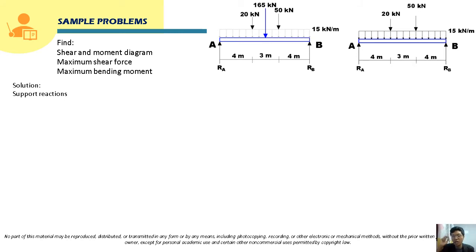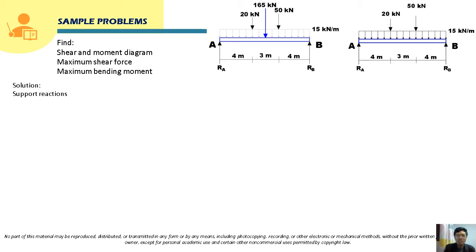The location of this equivalent point load is at the center of the distributed loading, which is 5.5 meters, since this is 11 meters.